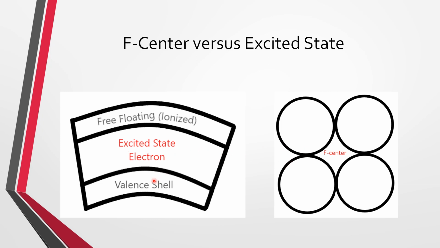Okay, so you have the valence shell, which is the outermost shell, and then the free floating, which can also be called the conductive band, which would be the ionization state of the electron. Metastable in the F center, the excited and energized electrons are all in the same state.